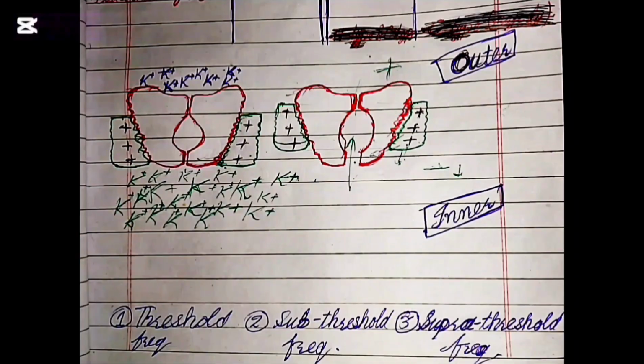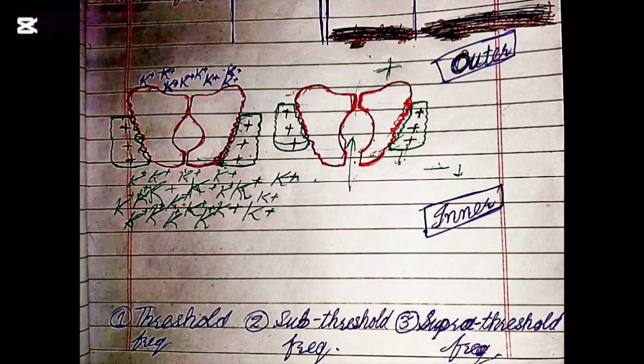When the frequency is increased and reaches suprathreshold, only the frequency of the overall graph increases, not the amplitude. The amplitude remains the same every time because depolarization can't exceed a specific limit. For example, if it reached 35 or 40, it will remain at that value and will not increase.